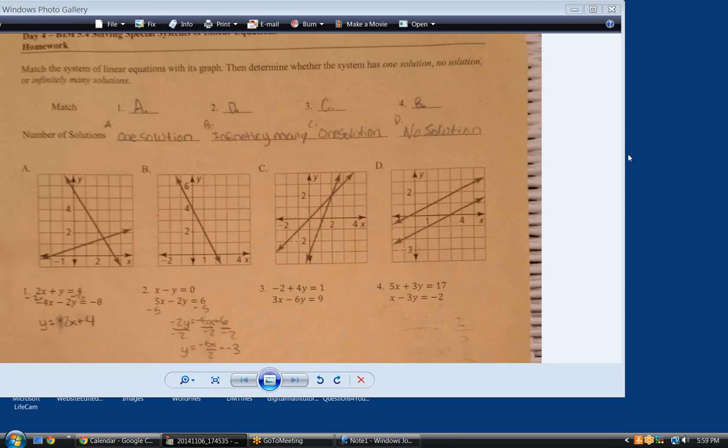All right, let's look at these. Let me think for a moment. Our overall strategy is going to be what here? To define if it's infinitely many solutions, one solution, or no solution.